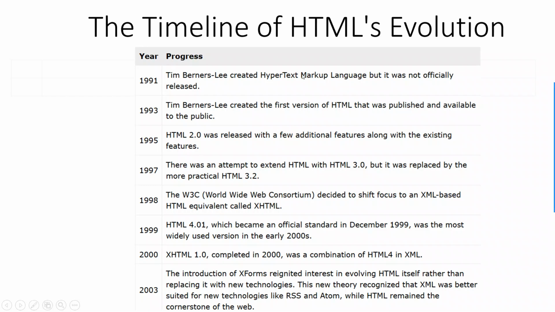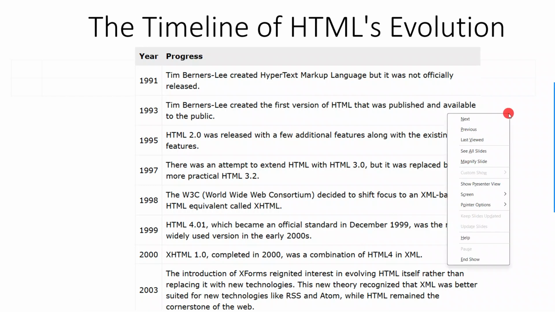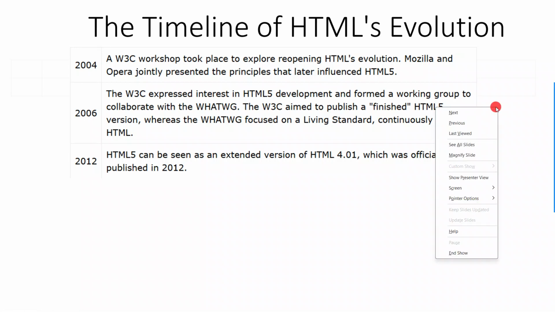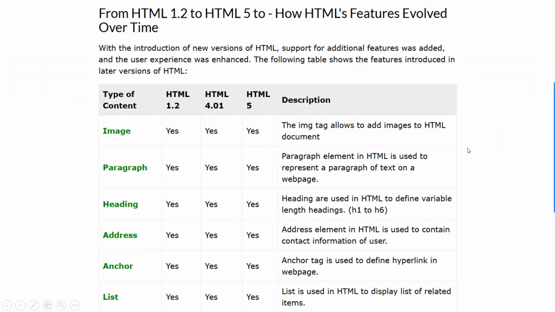These are some details which you can go through. Basically these are the different versions: first HTML 1.2, then 4, and this is 5. All these things were available in the previous versions, like image, paragraph, heading, address, anchor, list.